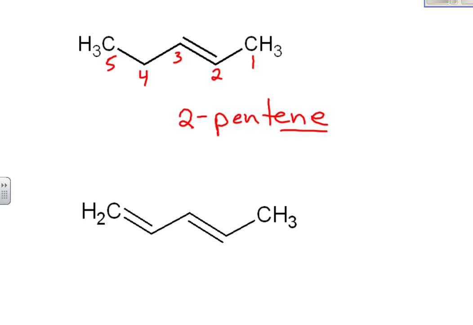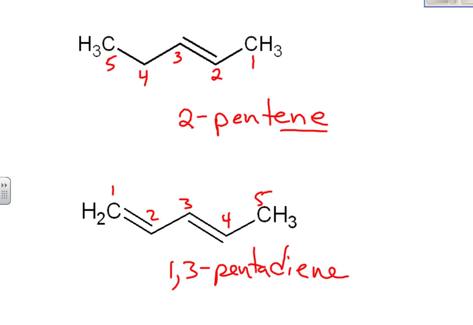If you look at the one below that, this time I'm going to end up numbering from the left. So I have 1, 2, 3, 4, 5. It's still going to be a pentene, but in this case we have 2 double bonds, so we're going to have a 1,3-pentadiene.